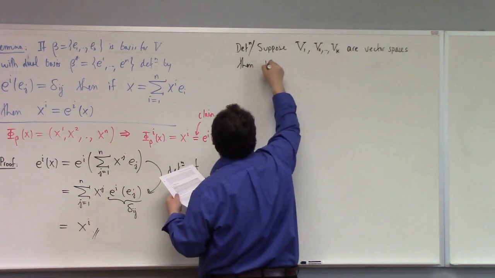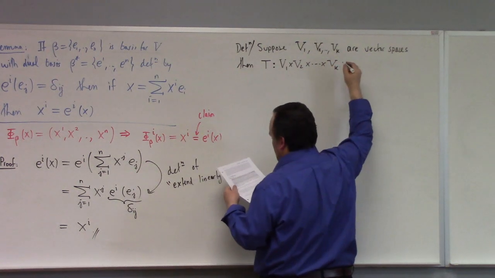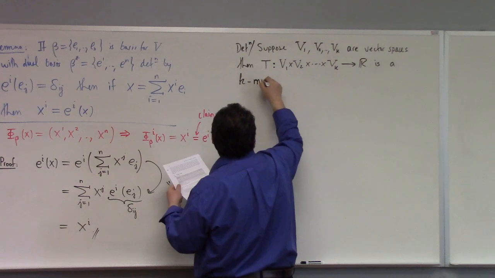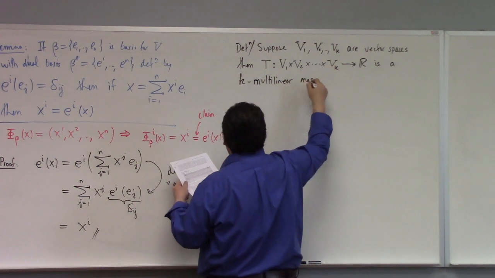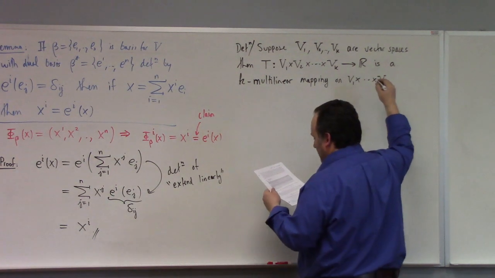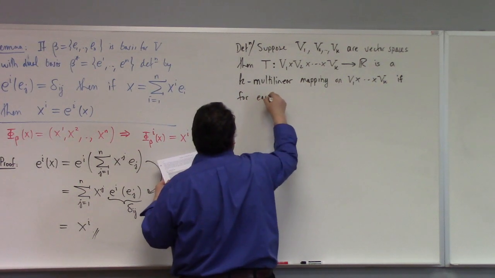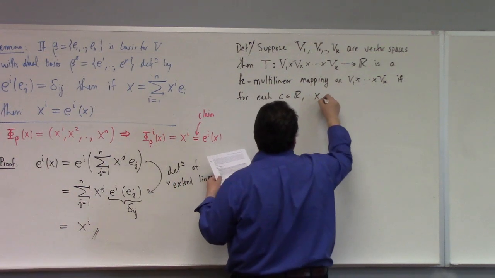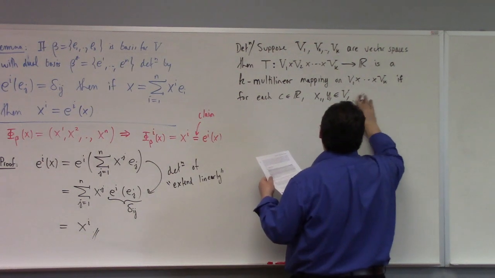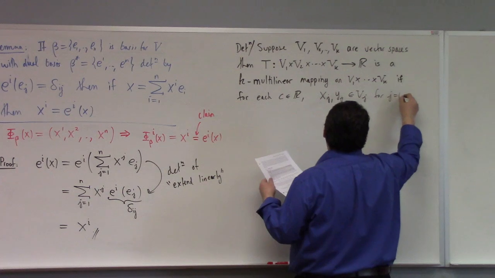Then T, mapping from the Cartesian product of V1, V2, ... Vk to R is a k multilinear mapping on V1 cross ... Vk if for each c in the reals and x j, y j in V j for j equals 1, 2, ... k.